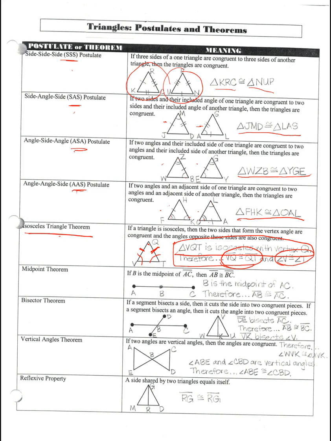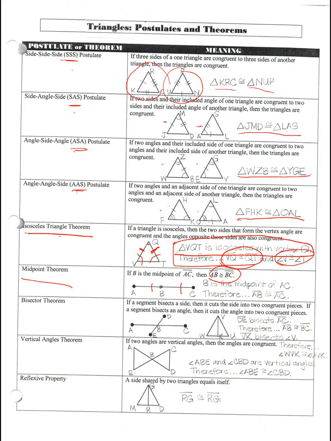Okay, you remember these theorems from other lessons that we've done in the past. The midpoint theorem says if you're told that B is the midpoint of AC, then you have the right to make the statement that segment AB is congruent to segment BC by the midpoint theorem. Bisector theorem, if you're told that a segment bisects a side, then we know that cuts the side into two congruent pieces.